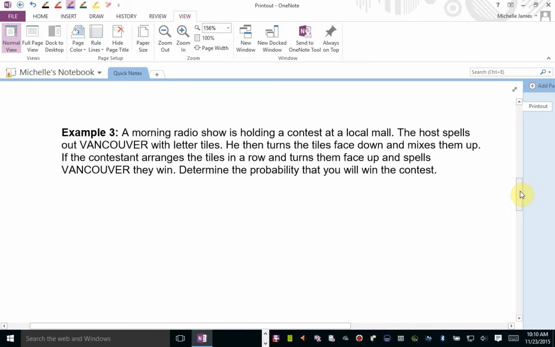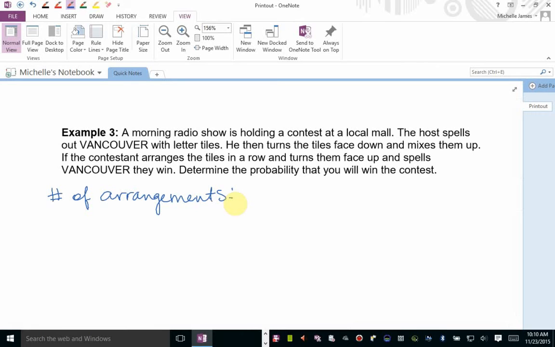2 to 1? Okay. So, what is the number of arrangements? What are all the different ways that the contestant could turn up the tiles? Well, is there any doubles? Good question.